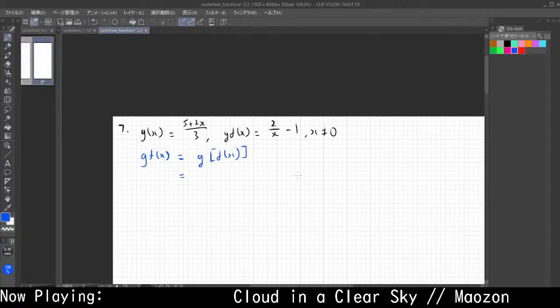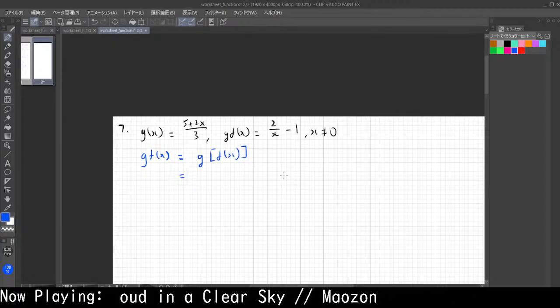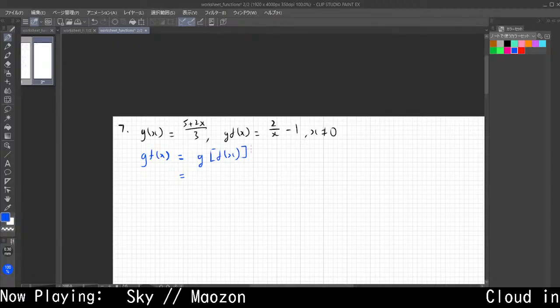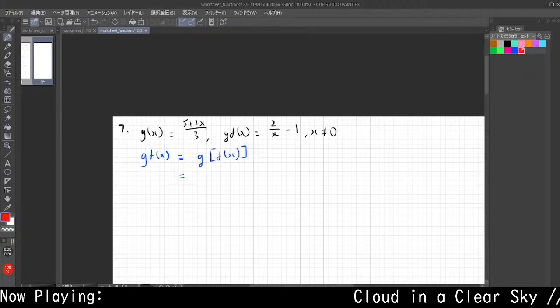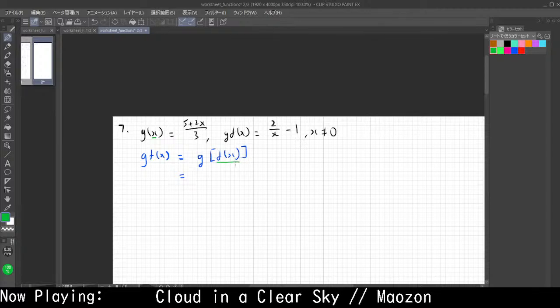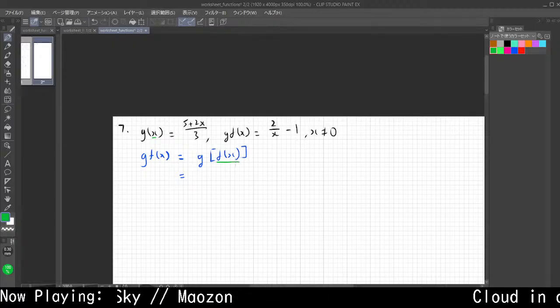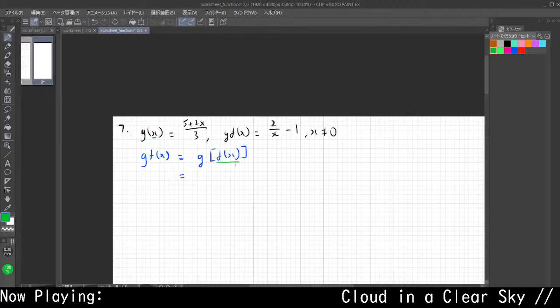f(x) is a function, and it can also be the input for your function g(x). So what I'm writing here is that I'm replacing the x by the f(x). In g(x), I can replace my x with the f(x) that I do not know but need to find, treat it as my input, and put it into the function g.